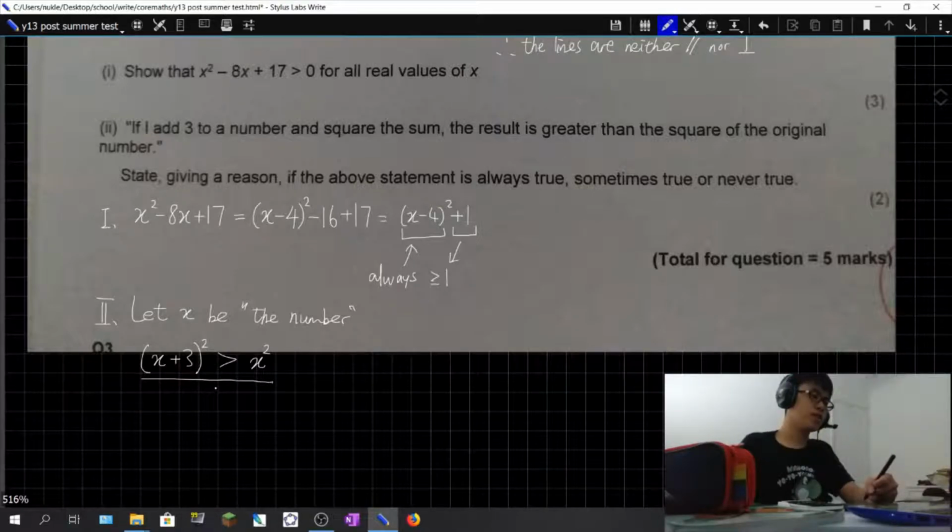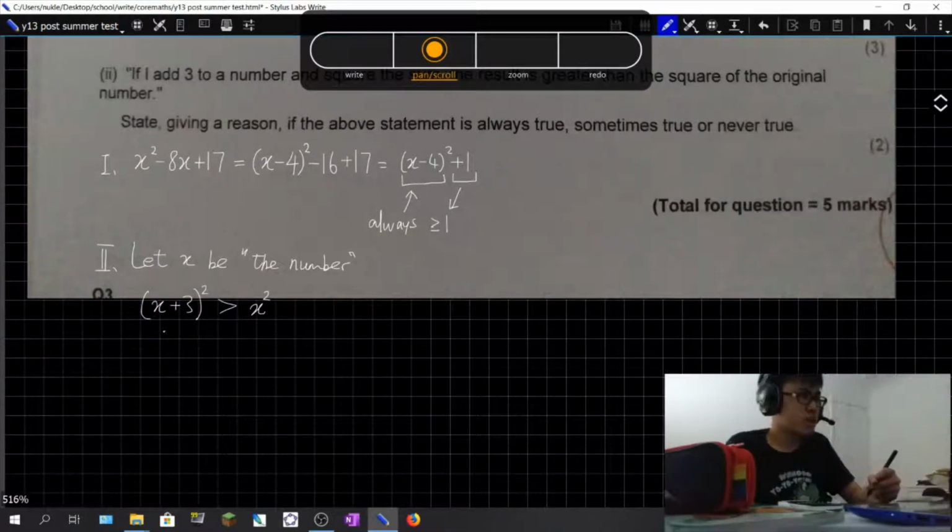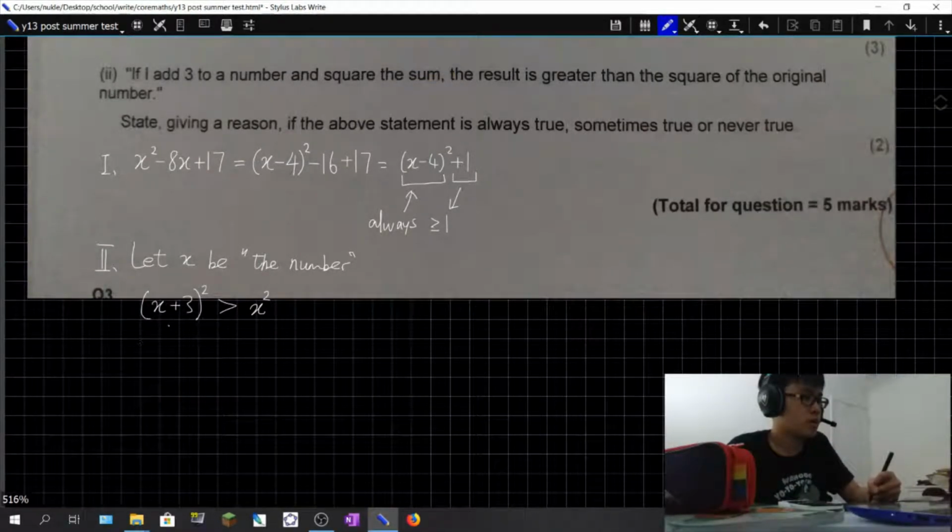And you want to prove if this is always true, if this is sometimes true, or if this is never true. So let's say if x plus 3 squared is going to be bigger than x squared, we're going to assume that it is true, and then we're going to find values for x in which it is true.